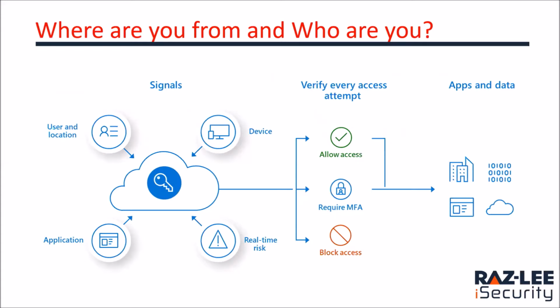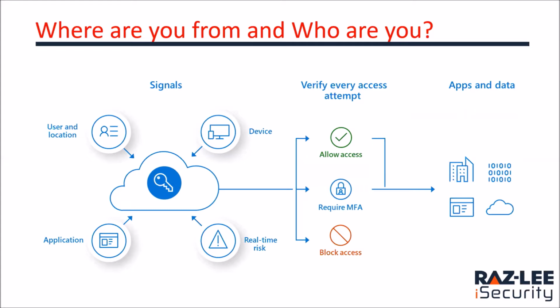First, multi-factor authentication. Every time someone is accessing your data, accessing a program, or running a command on the IBM i, there is a question that has to be answered: where are you from and who are you?